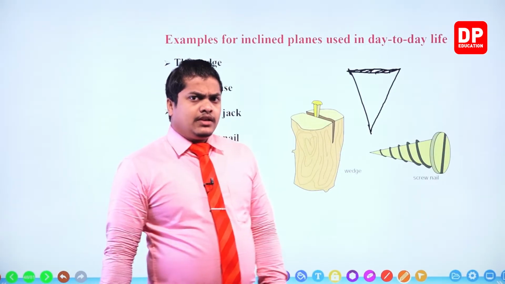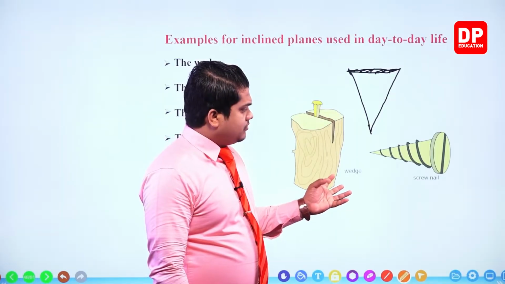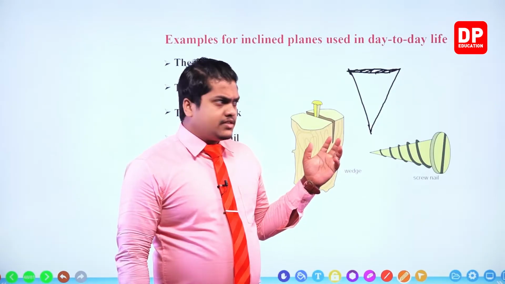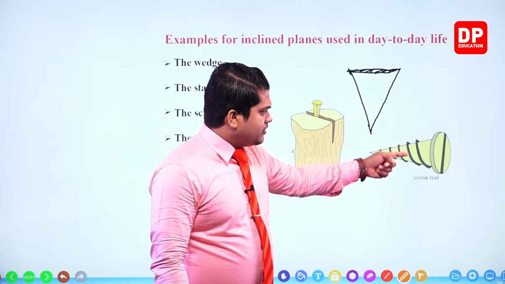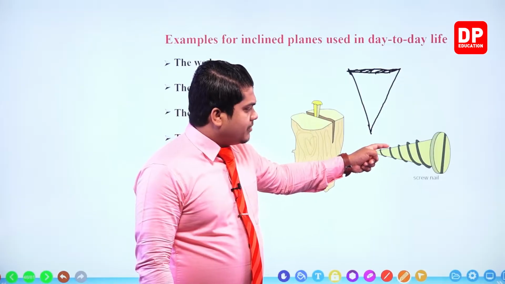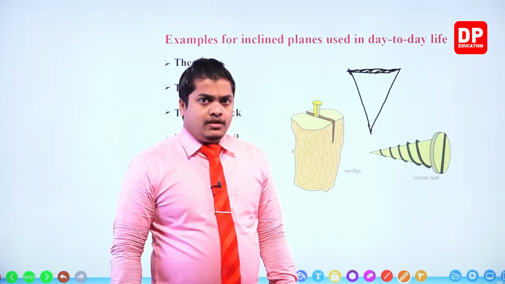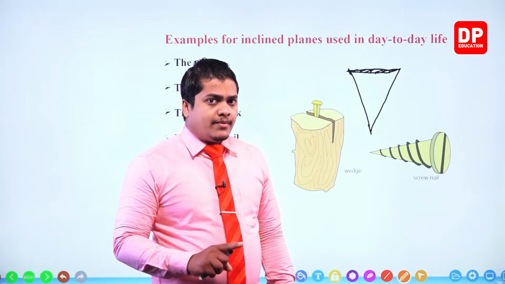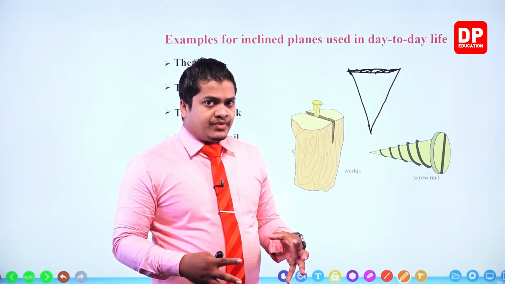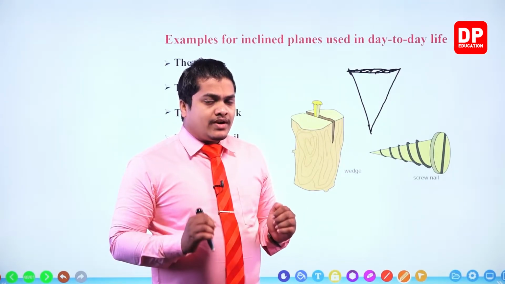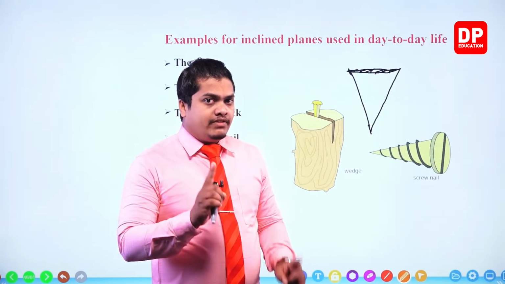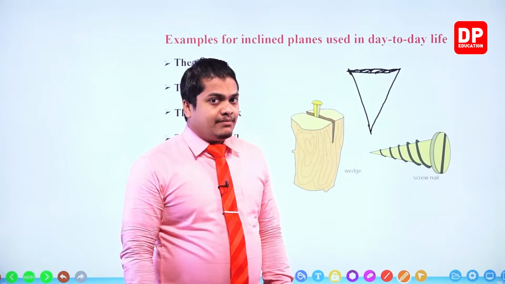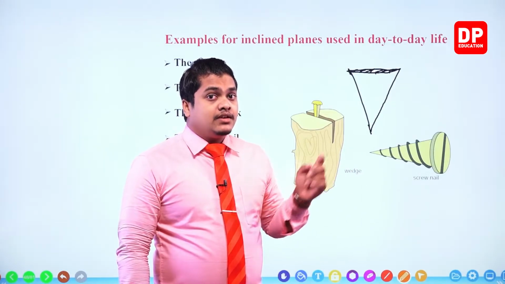Now you might think that the screw nail is not an inclined plane, and that you won't be able to observe an inclined plane in it. Of course you can, my dear children. I'm going to explain it in the laboratory. First we'll get to know the examples, then at the laboratory I will show you that the screw nail is also a type of inclined plane.